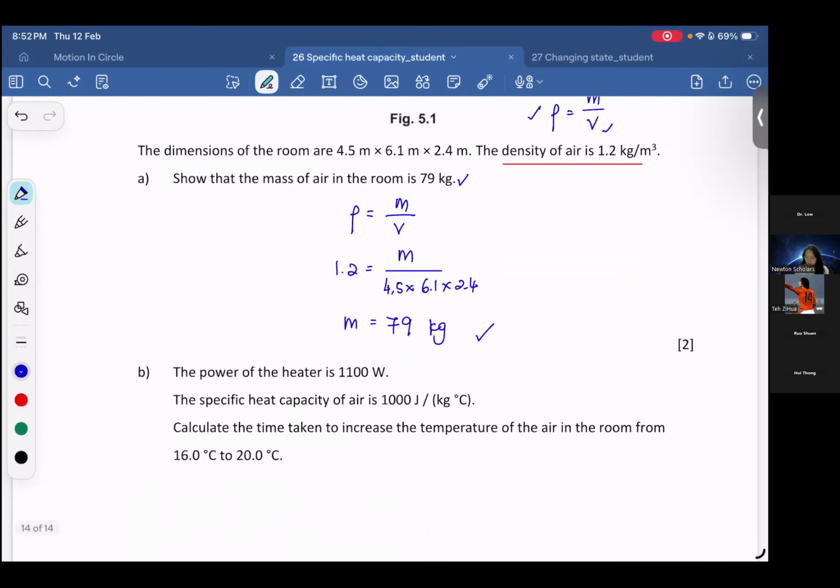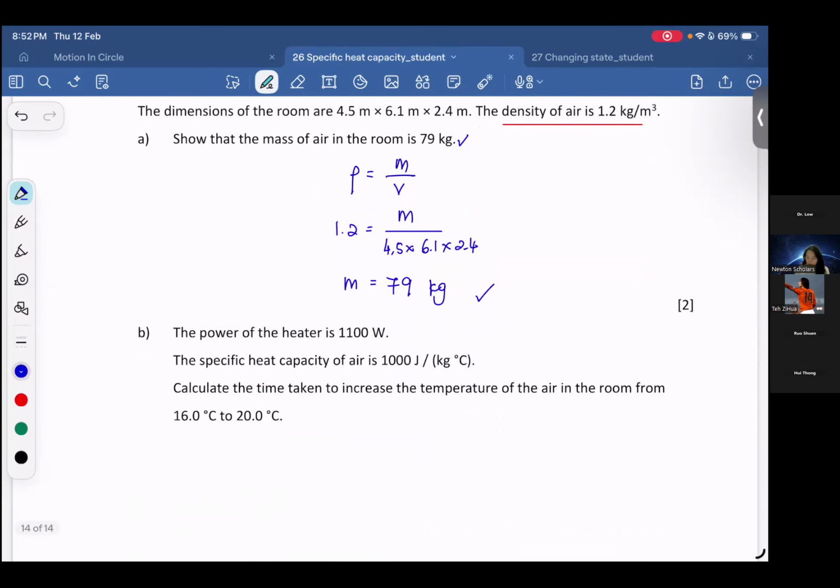Okay, can you help me to calculate part B? How long is the time needed to increase the temperature from 16 to 20 degrees Celsius?